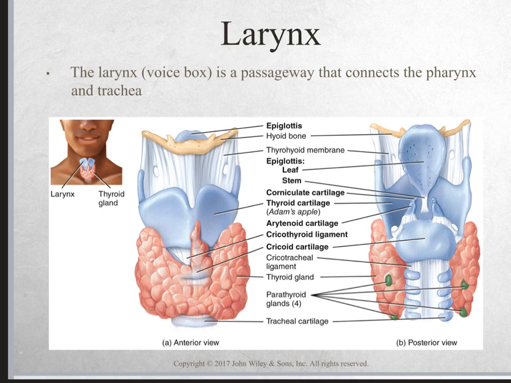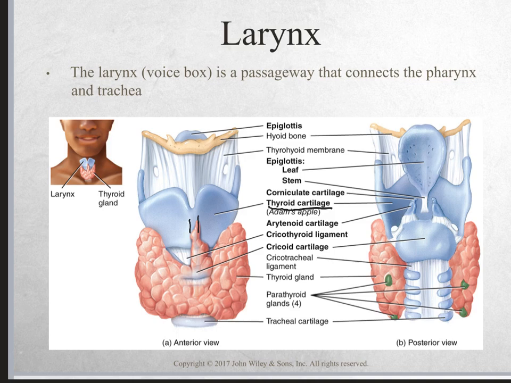So let's start with some of our cartilaginous plates. The first one that we're going to look at is the thyroid cartilage right here. This is one of the largest plates we have in our larynx. It is made up of hyaline cartilage, and this little prominence right here we're going to see, because this is important. In males, the thyroid cartilage is a little bit bigger, and the reason why is because when males hit puberty and they get this surge of testosterone, this plate tends to grow a lot bigger in males, more so than in females.